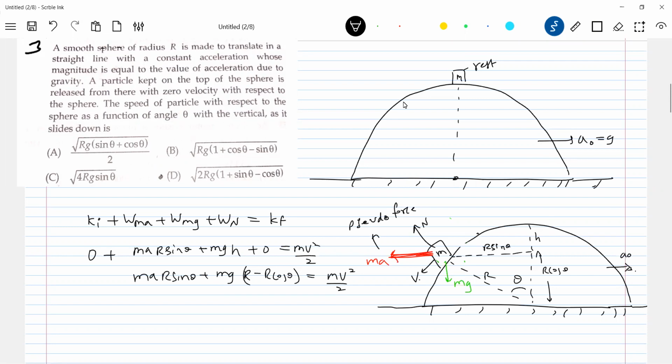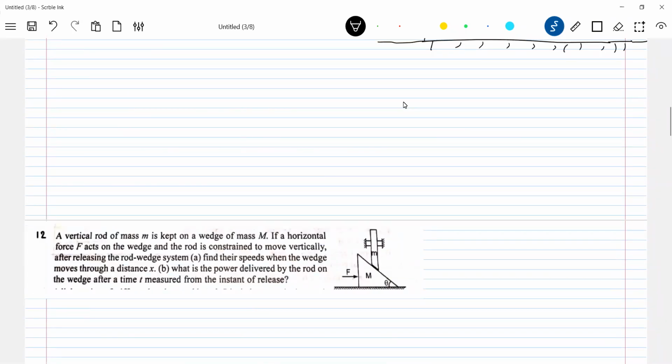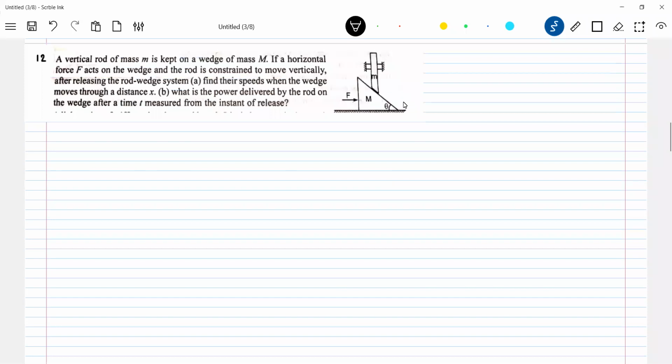Just to save some space, I made it a hemisphere. The later part we'll discuss. For the time being, we'll focus only on the work one.